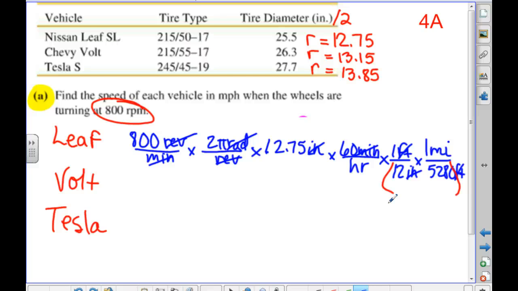I got 60.7. Anybody else get that? Yeah. Okay. So this is traveling 60.7 miles per hour, and I'm going to write it over here because that's where I have room.